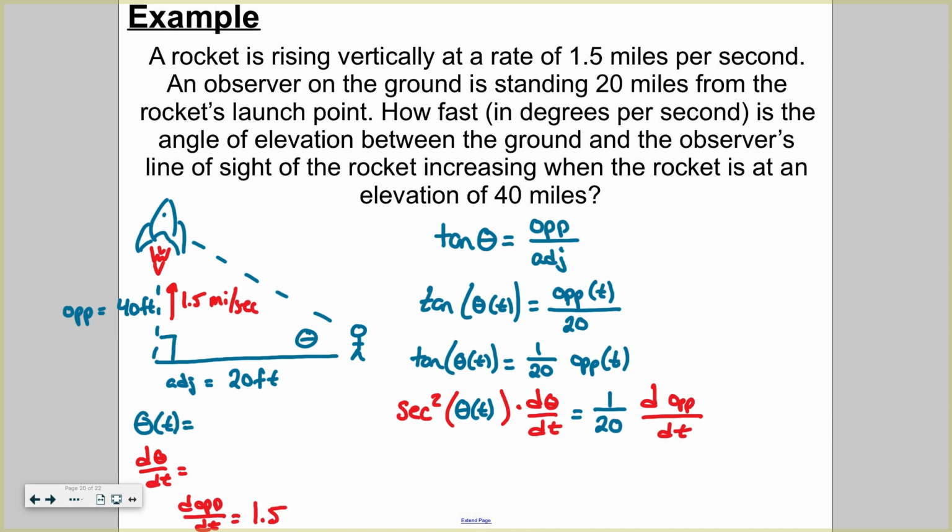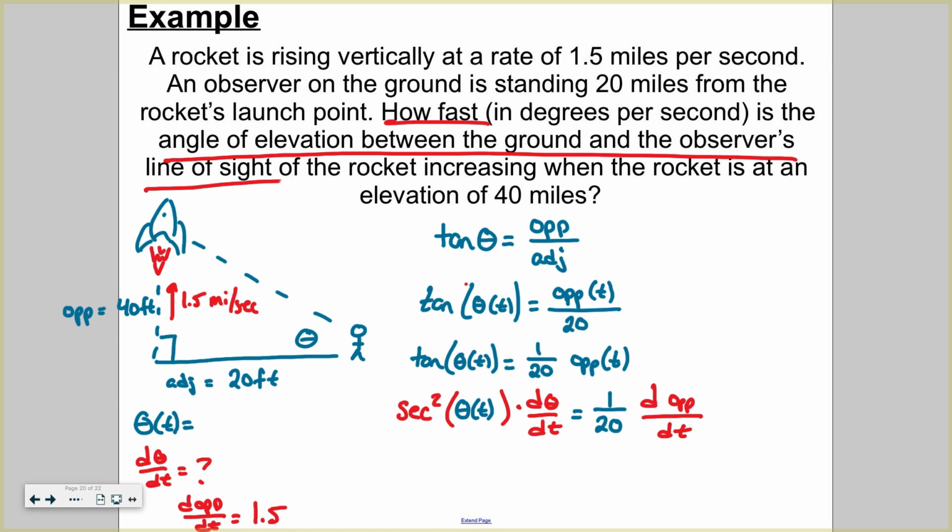We are trying to find d theta dt. We're trying to figure out how fast the angle of elevation between the observer's line of sight and the ground is changing.